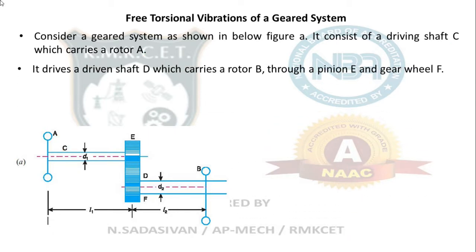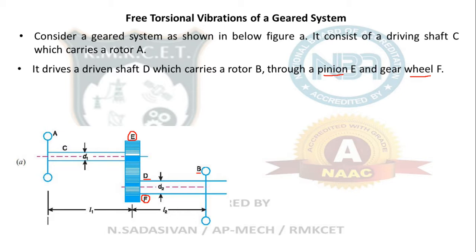So it drives a driven shaft D, which carries the rotor B, through a pinion E and gear F. Here I want to make one thing clear. When I was doing my BTech, I used to think that a smaller gear is always called a pinion and a larger one is called a wheel.